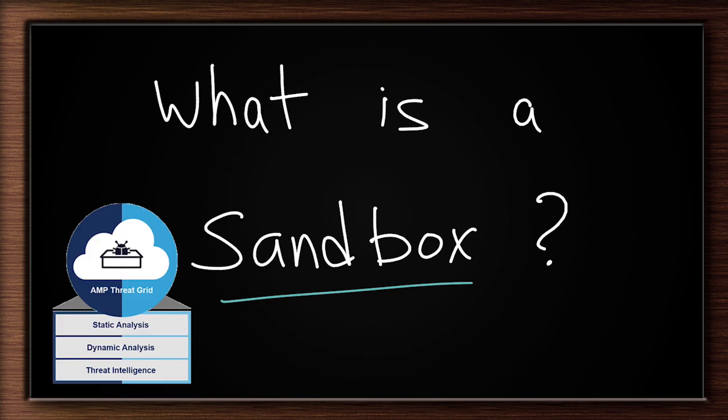ThreatGrid was an acquisition that Cisco performed, and they had a sandbox solution that is now integrated with the Cisco AMP, the Advanced Malware Protection, that you're going to be learning a lot more details about later in this course.